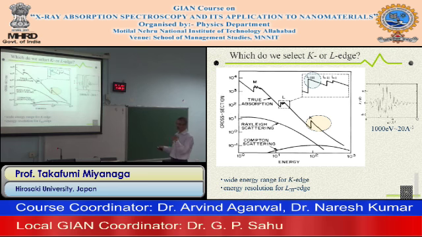For example, for the lanthanoids or some higher atomic number elements, we use the L3 edge, because the L1 edge includes the information of the L2 edge, and the L2 edge includes some EXAFS structure from the L3 edge. So the L3 edge is very simple and includes a very simple EXAFS. But the range of the EXAFS region is very short.